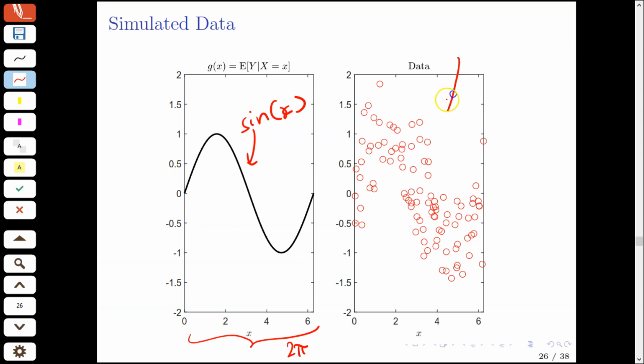Right, so here I've simulated data on y and x and scattered the points, but specifically here I've simulated 100 data points. So this is what you would see when opening your data set and creating a scatter plot.